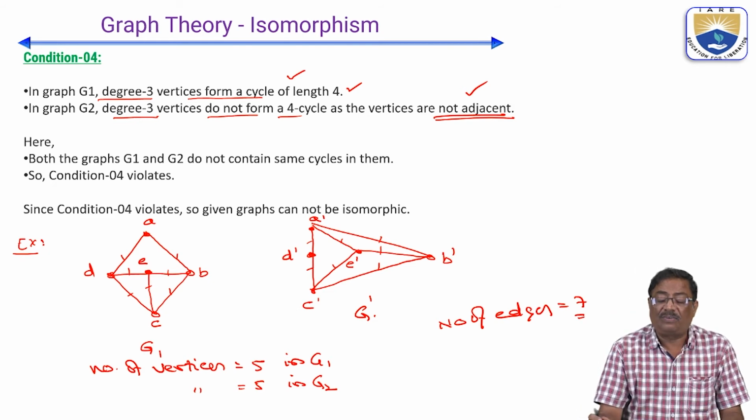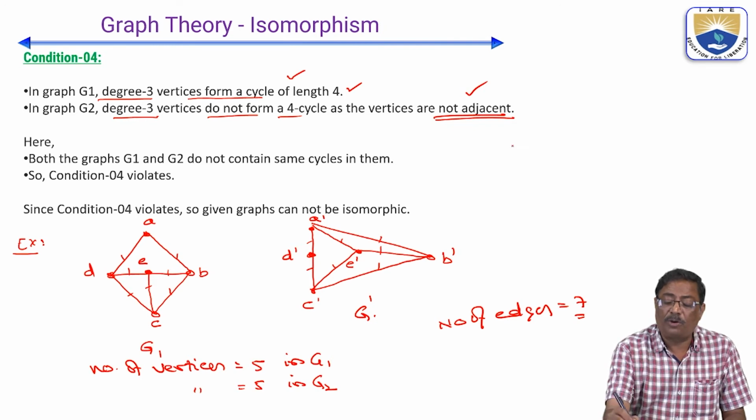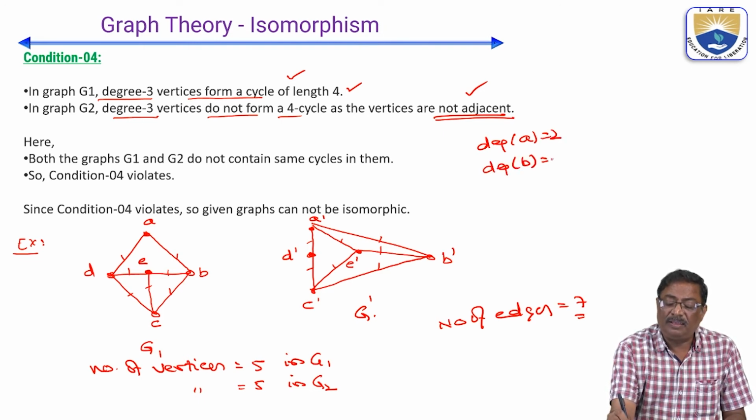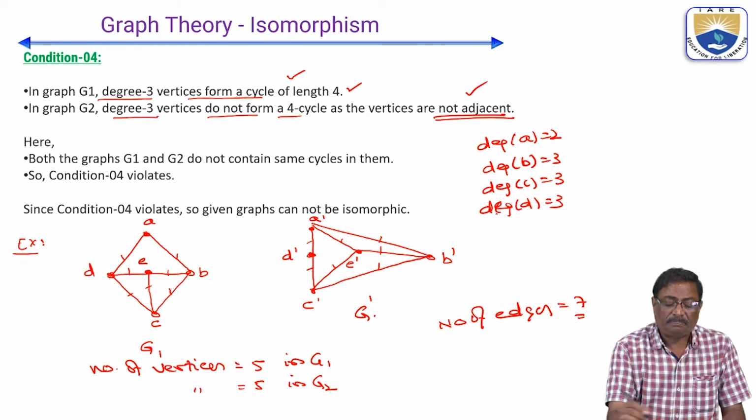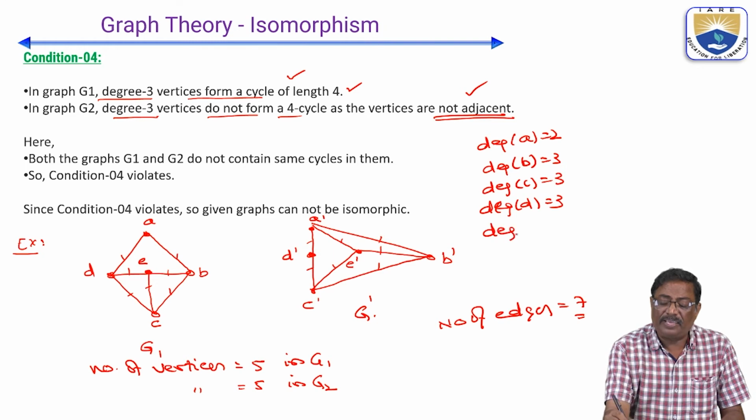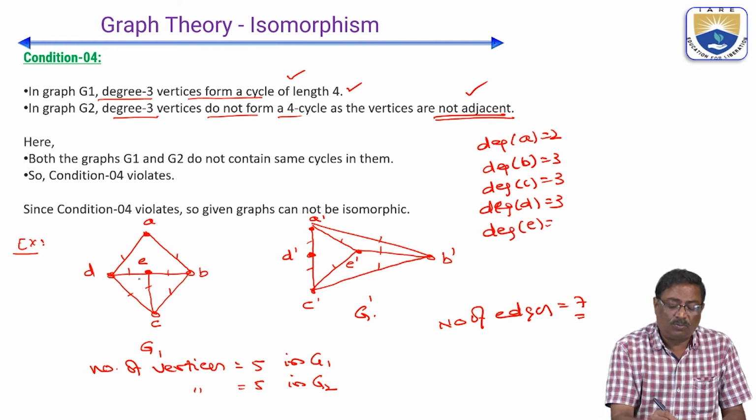What is the degree sequence? If I consider the degree of A equals 2, degree of B is 3, degree of C is also 3, degree of D is also 3, degree of E is 3.